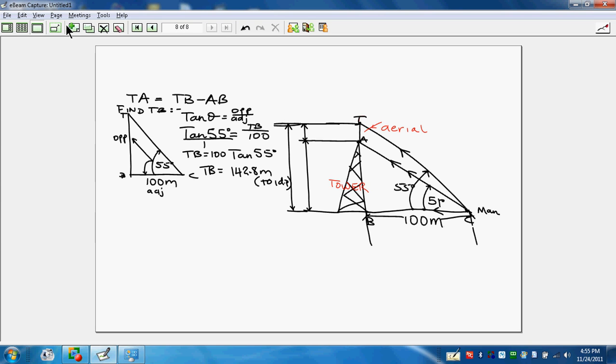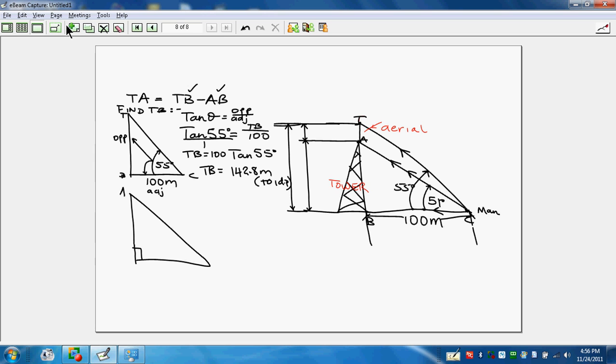So if we found TB, all we have to do now is find AB, and we'll be able to find TA. So let us find AB now by looking at a specific triangle. Let's look at the triangle that includes AB in it. It will be the triangle ABC.